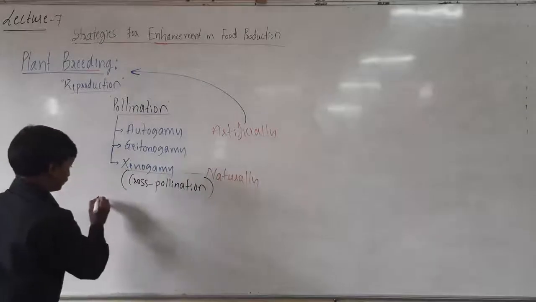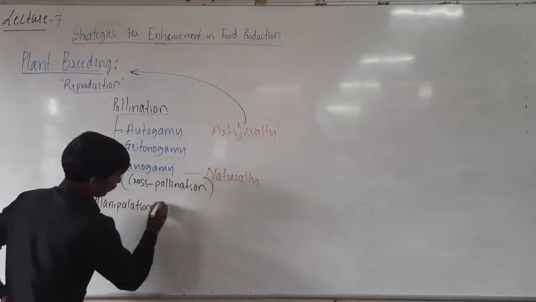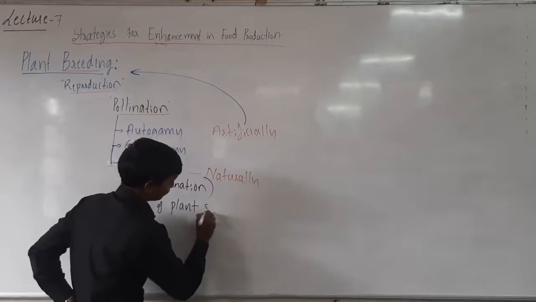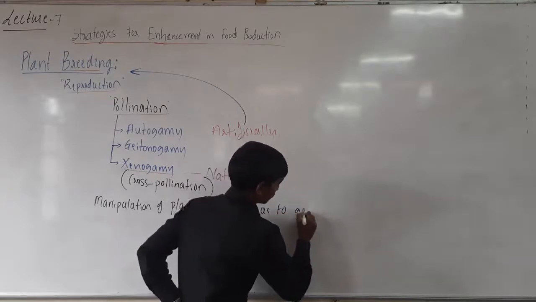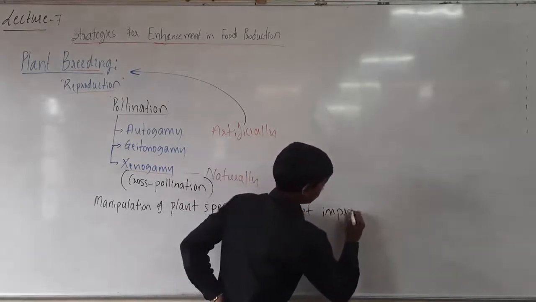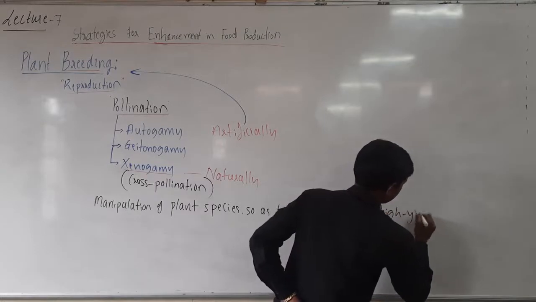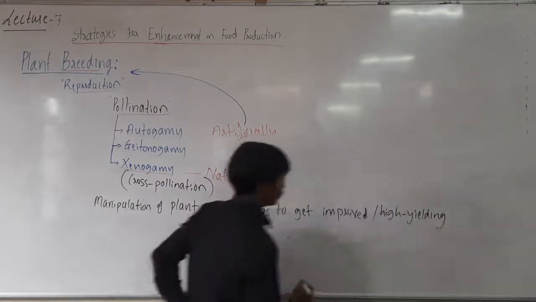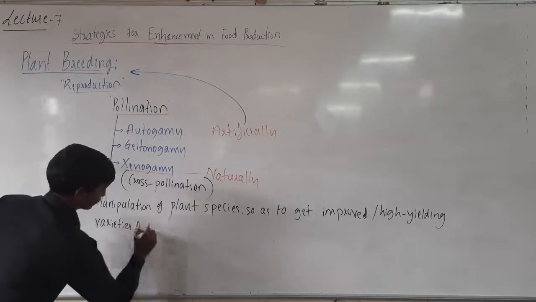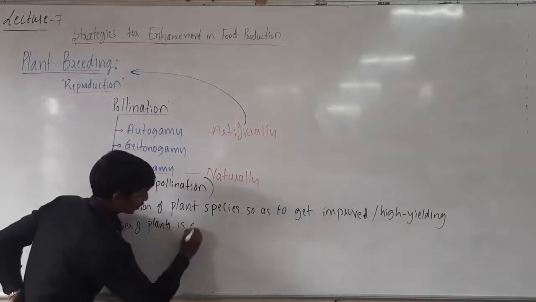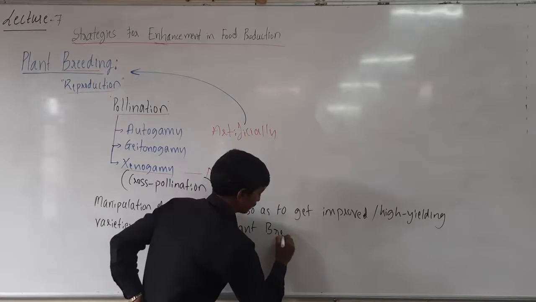We can better write it: the manipulation of plant species so as to get improved or high yielding varieties of plants is called plant breeding.